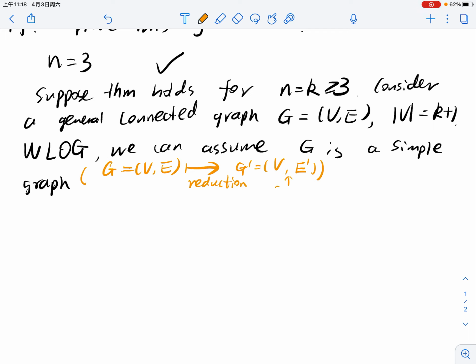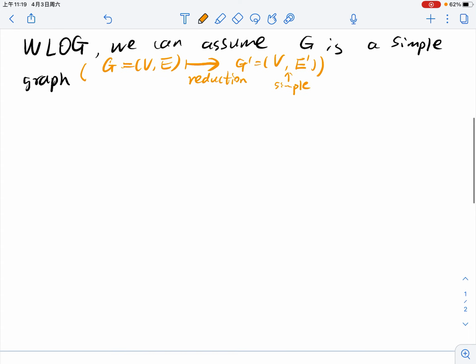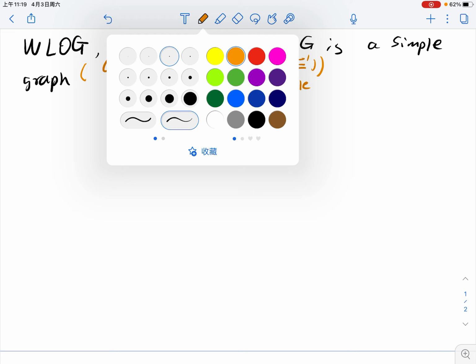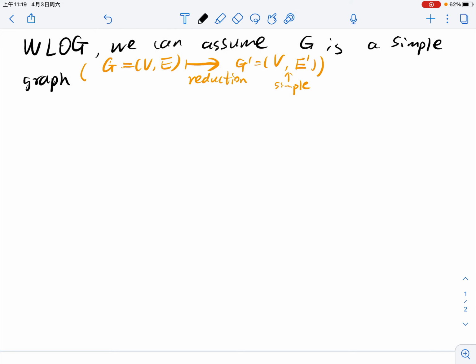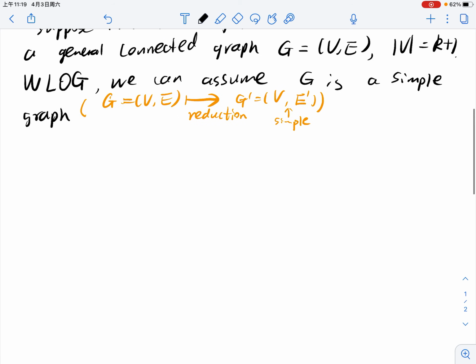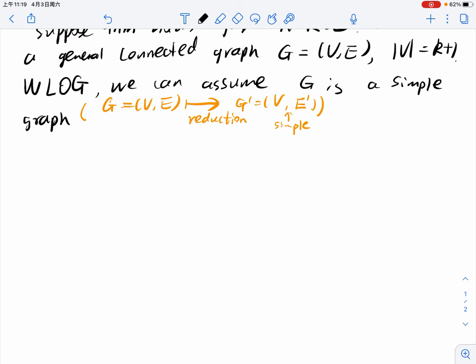This is a simple graph. After reduction, connectivity doesn't change, and you reduce the cardinality of the edge set. So we can consider the worst case when G is a simple graph.